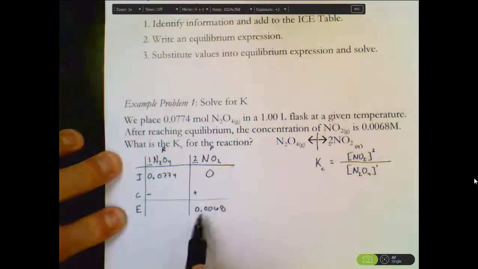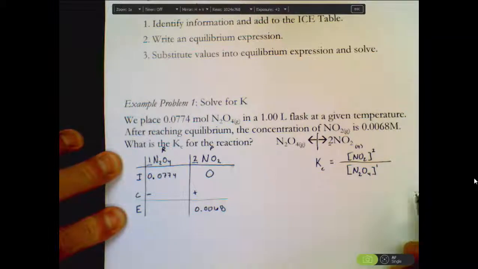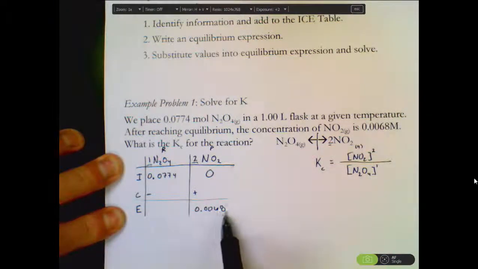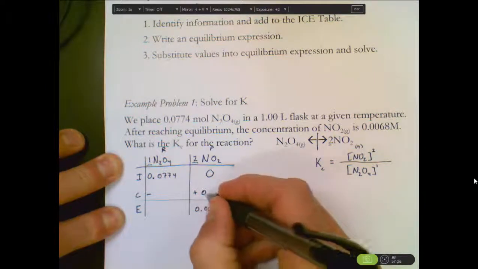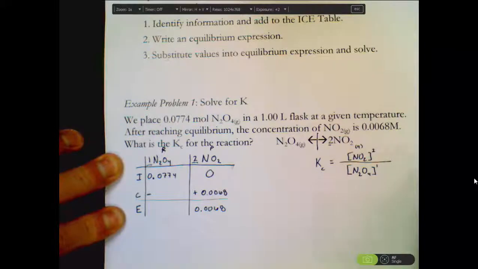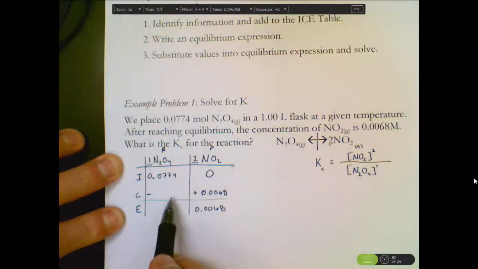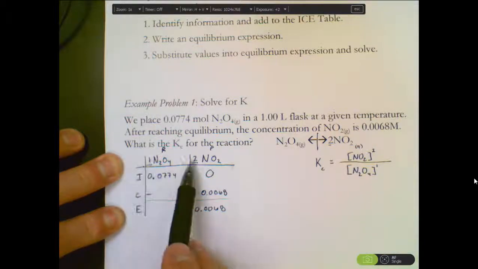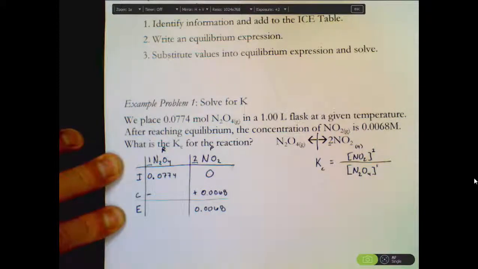E stands for my equilibrium values. To go from 0 to 0.0068, my change was 0.0068. Now we said that this change is going to be stoichiometric. So that means it's going to have to change in a 1 to 2 ratio.